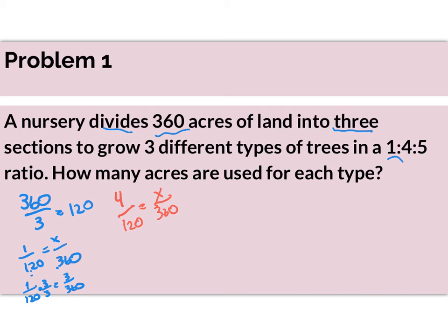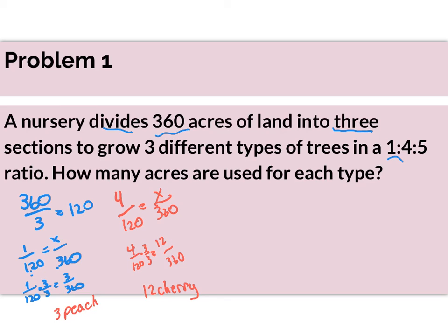It's the same ratio. 12 goes to 360. So if we do 4 over 120 and we multiply by 3 over 3, we'll get 12 out of 360. So you get 12. So let's call this 3 peach. That's it, 12 cherry.